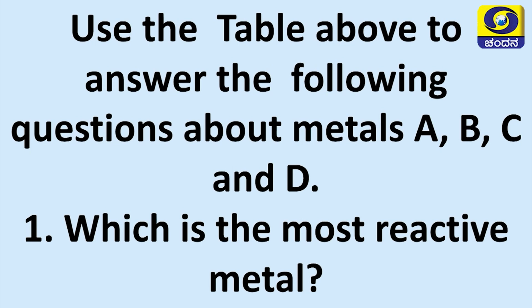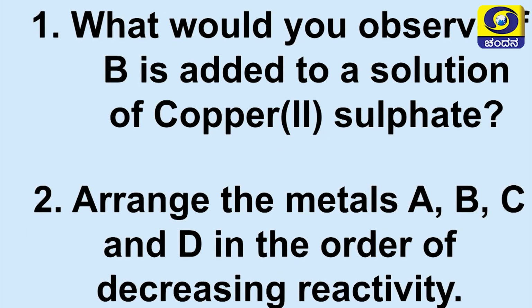Now, a small question for you. Using the table above, you have to answer a few questions. Which is the most reactive metal? You saw the reactivity series and from that you have to deduce which is the most reactive metal among A, B, C and D. What would you observe if B is added to a solution of copper 2 sulfate? And arrange the metals A, B, C and D in the order of decreasing reactivity.